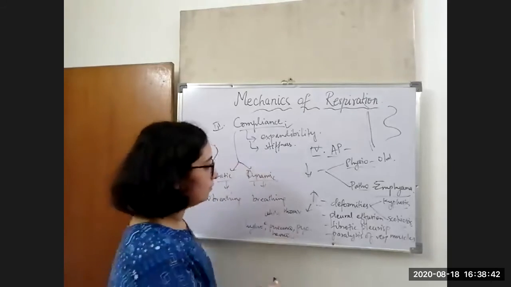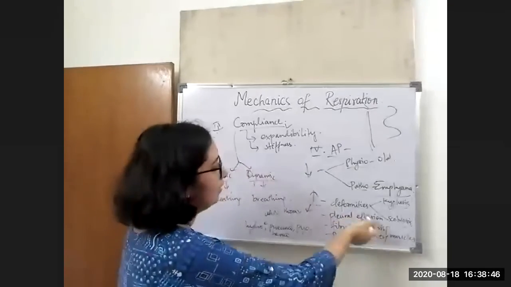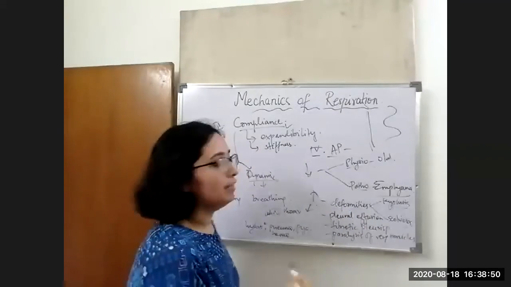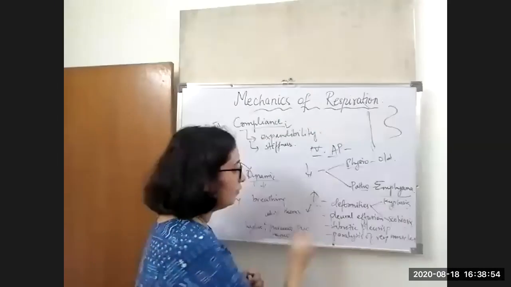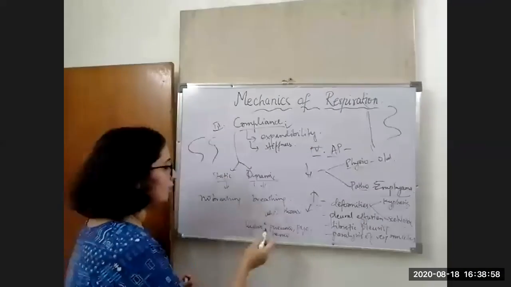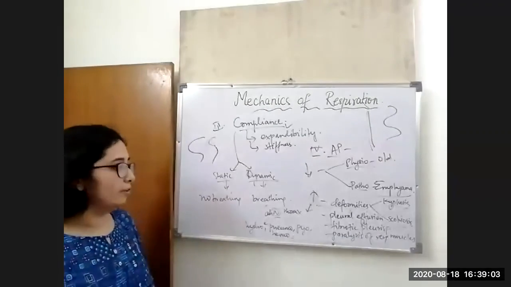So, what are the conditions in which it increases? These are deformities of the thorax, like kyphosis, scoliosis, pleural effusion, that is when there is an increase in the intrapleural fluid, and fibrotic pleurisy, and paralysis of the respiratory muscles, and the abnormalities in the thorax, like the hydro, pneumo, pyo, and the hemothorax.